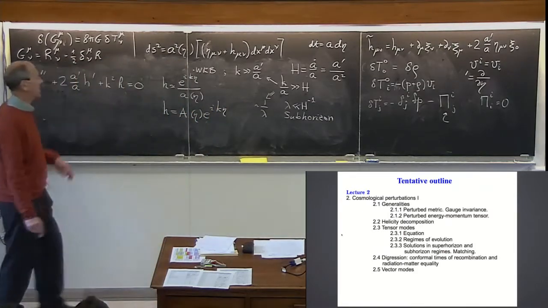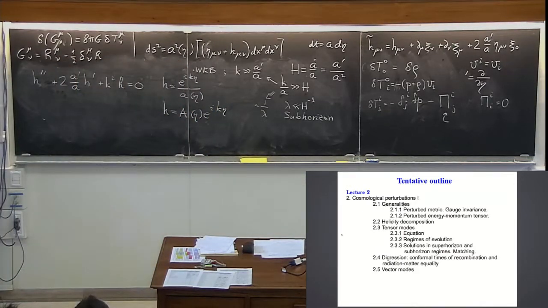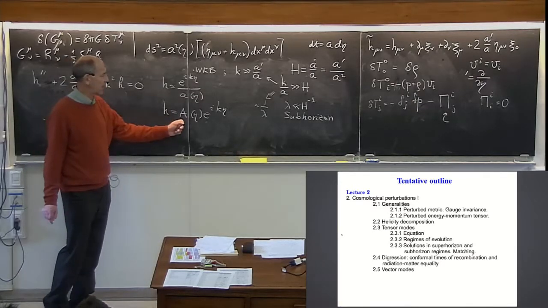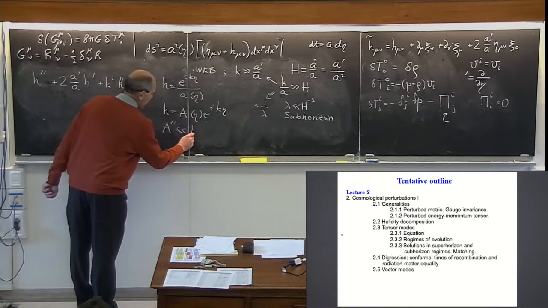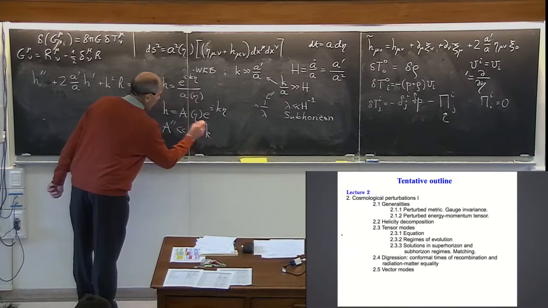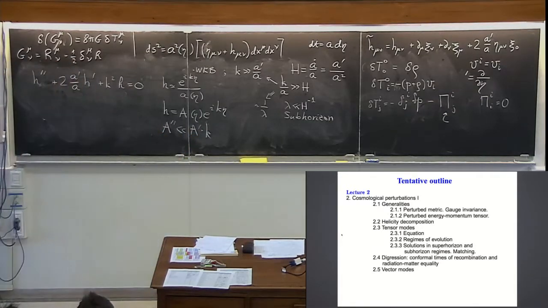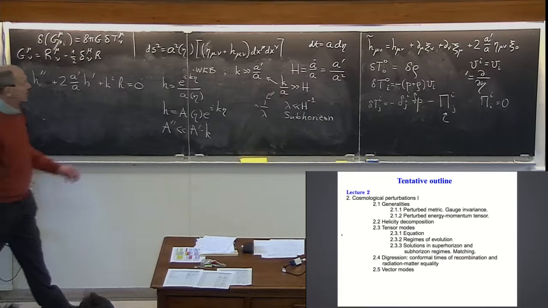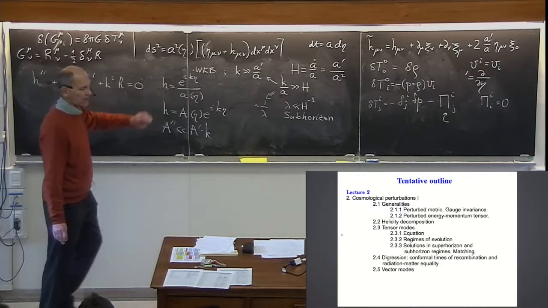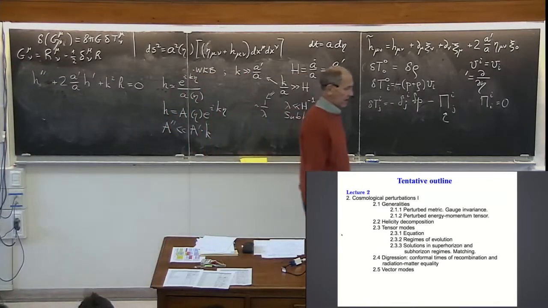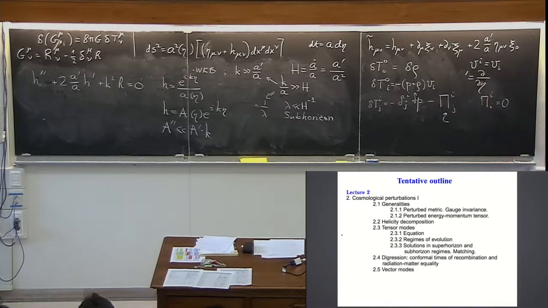Plug this in here and neglect second derivatives of the amplitude as compared to a' times k, and then you get an equation for the amplitude. You solve it, you get this expression. So in the subhorizon regime, the amplitudes of gravitational waves decrease inversely proportional to the scale factor. Decrease in time inversely proportional to the scale factor.